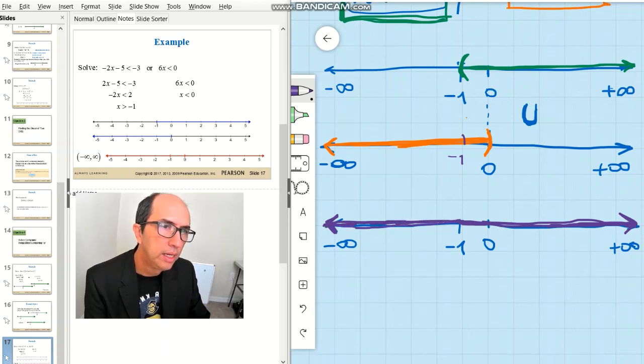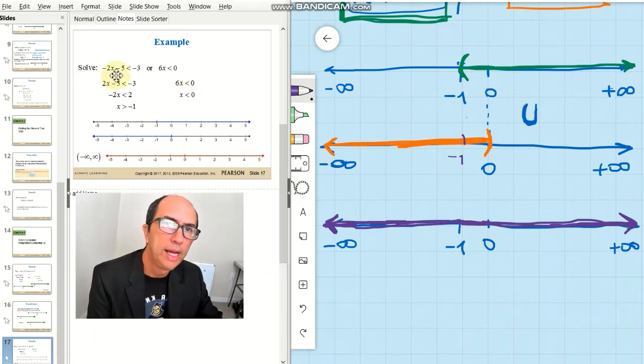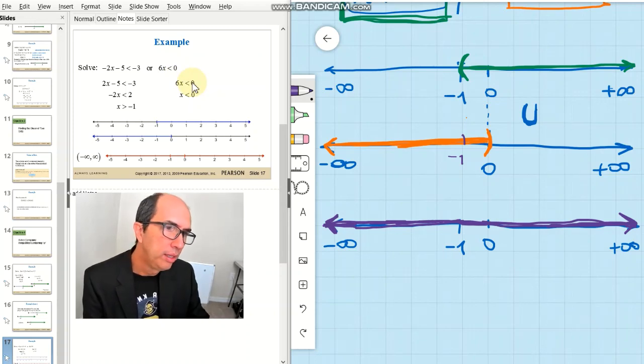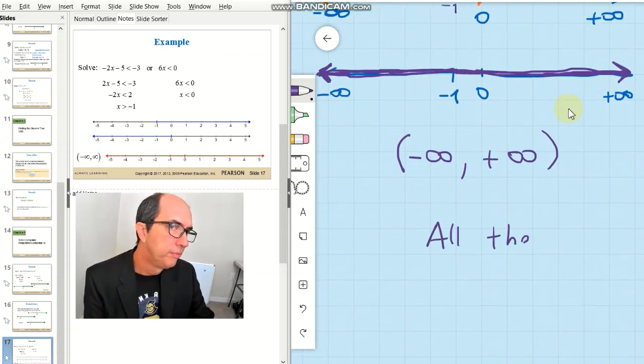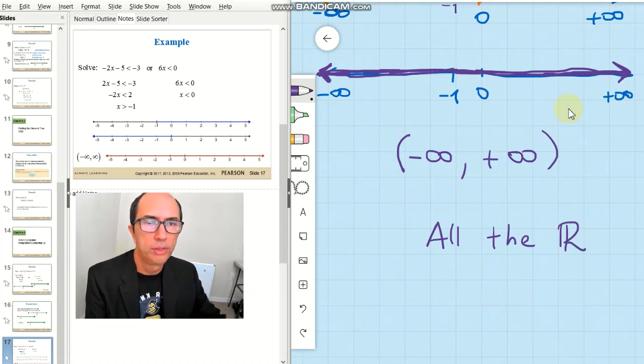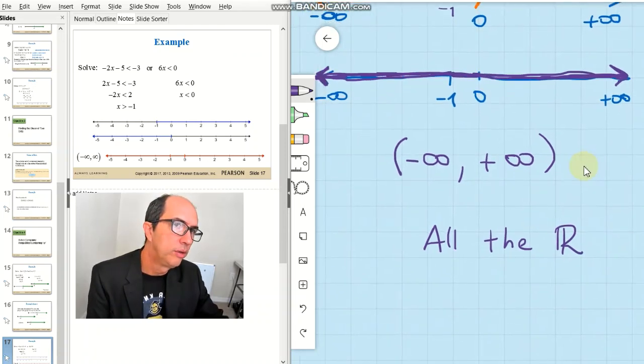And what we see here is that the result of this union, the union of negative 2x minus 5 is less than negative 3, or 6x is less than 0, represented in interval notation, is the interval from negative infinity all the way to positive infinity. And this means all the real numbers are a result of this union.